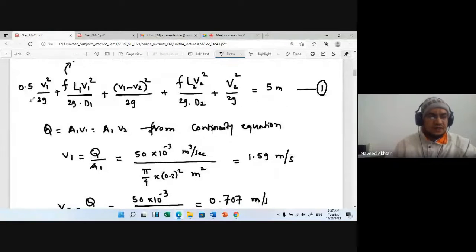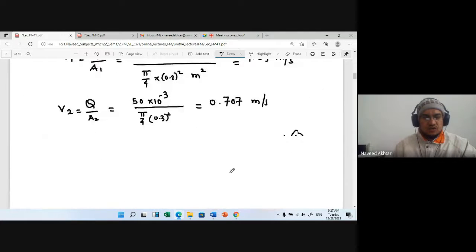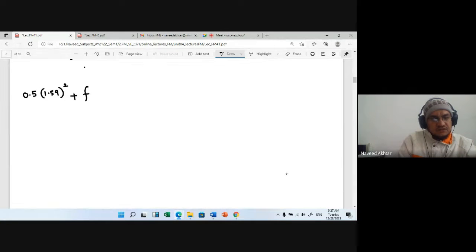Equation 1 we have prepared due to the minor and major losses, but here f we don't know, so that f we will put as it is. So if you write it out, 0.5, with 2g taken to the right side, so V1 square means 1.59 square, plus f will be this friction factor. You have to find out.